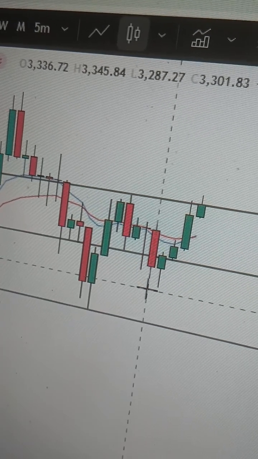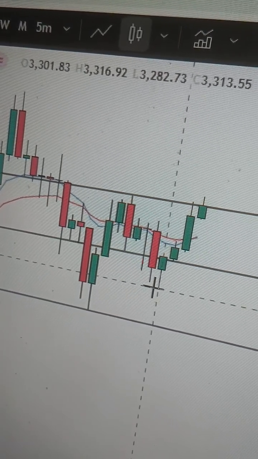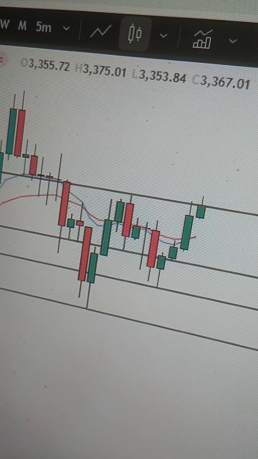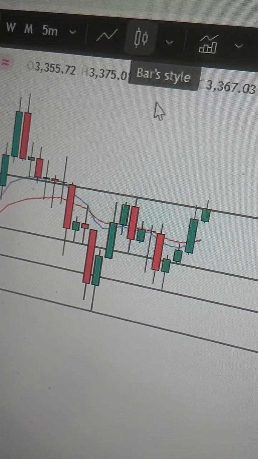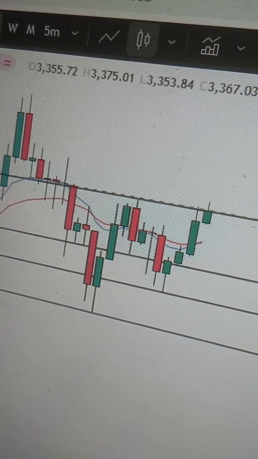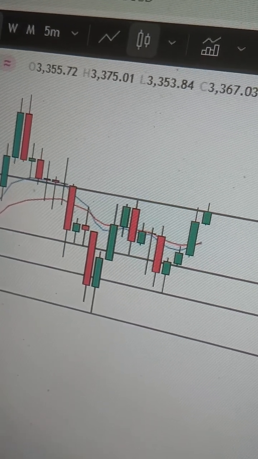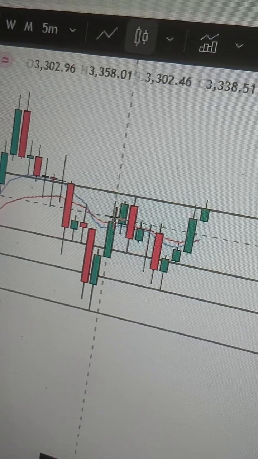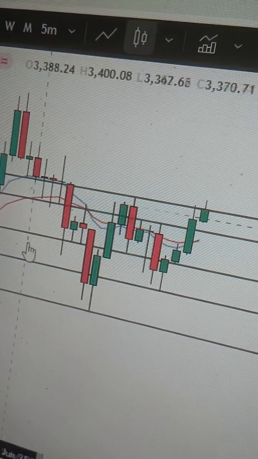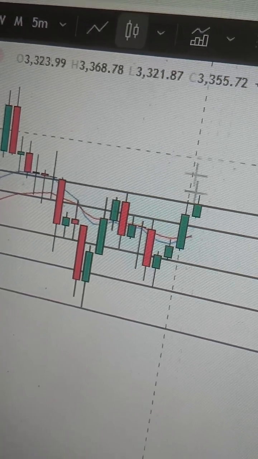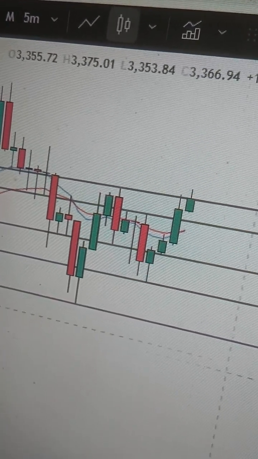This is our support. Okay, those are the resistances and support we have around our current area.